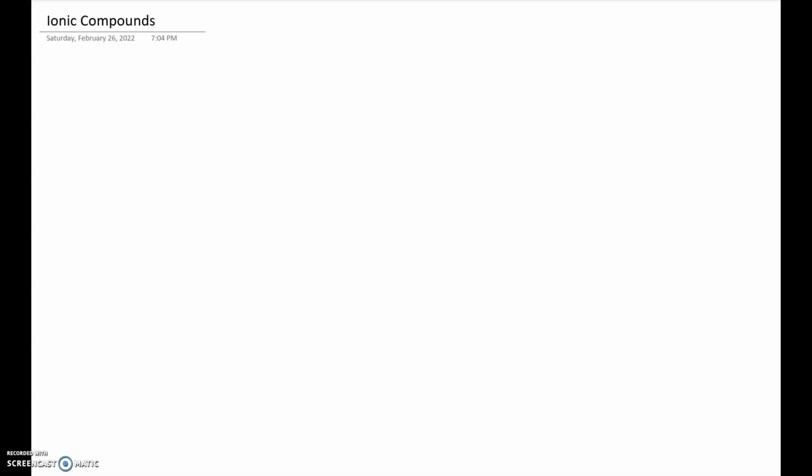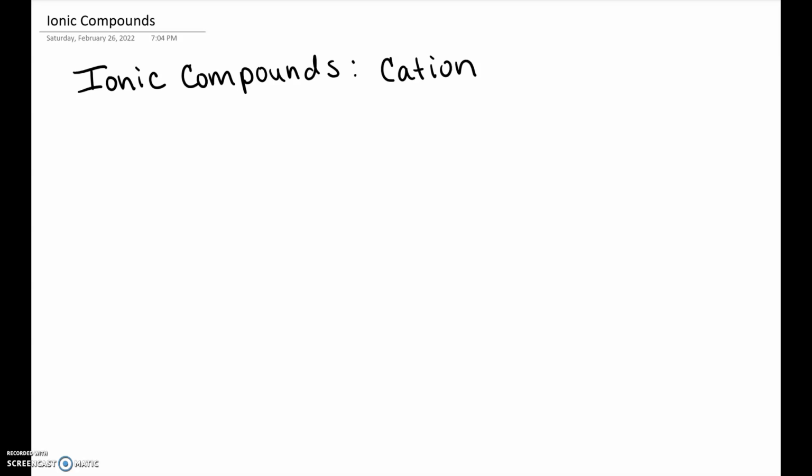Okay, so we're going to take some notes about ionic compounds and what they are, the types of ionic compounds, and how they're formed. So to start, let's remember that ionic compounds are those that are formed between a cation and an anion.